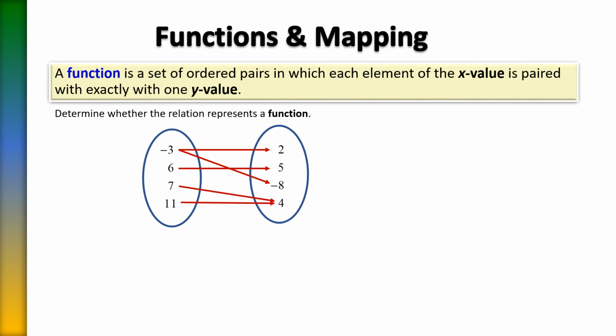Here, -3 was paired with 2, and -3, my x value, was also paired with -8. It was not paired with just one unique y value, so it is not a function.